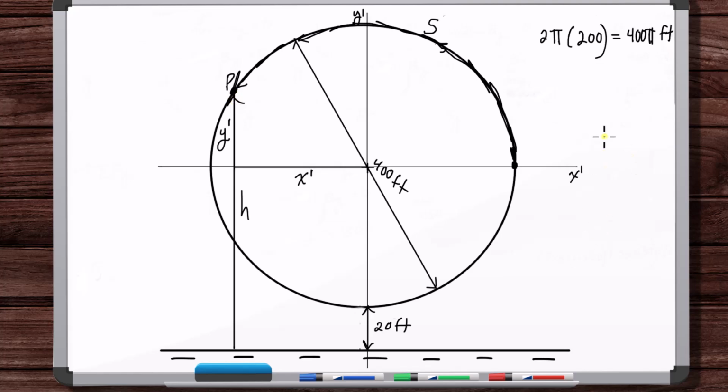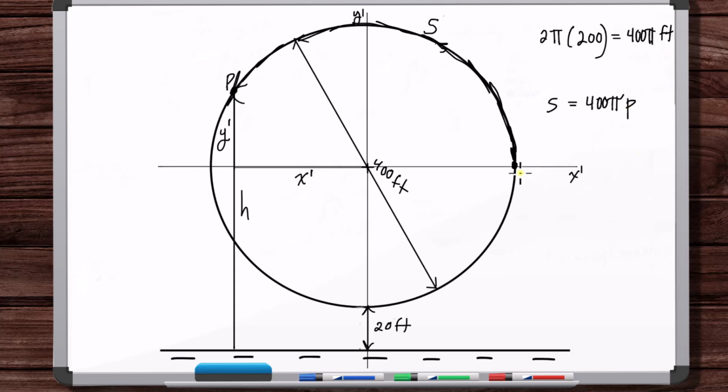If we imagine the same starting point, then S is easy because you've got the full circumference, 400 pi, and you multiply that by the percent. What percent of the full circumference is the location? Here it's like 42%, so you take 42% of the full circumference.